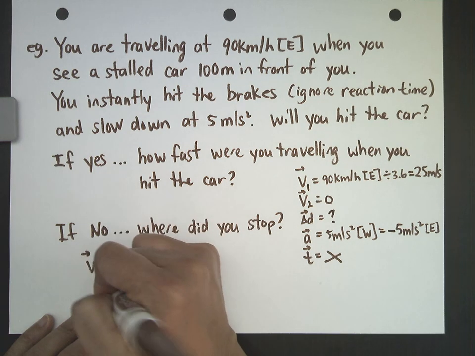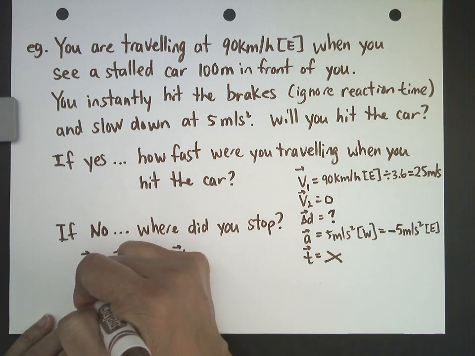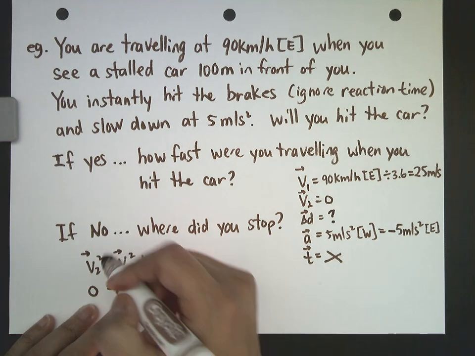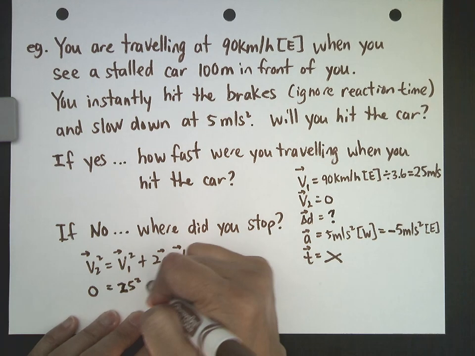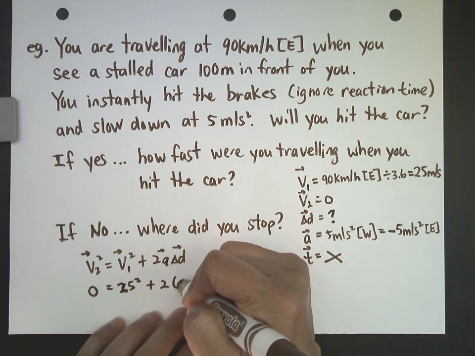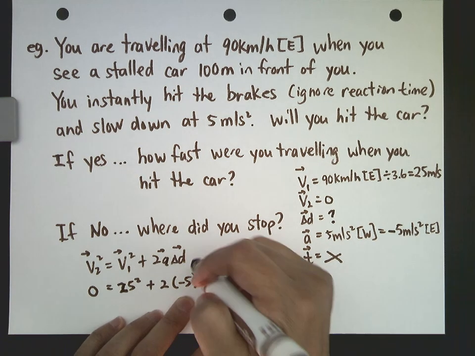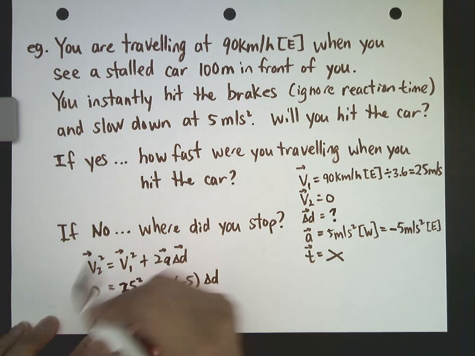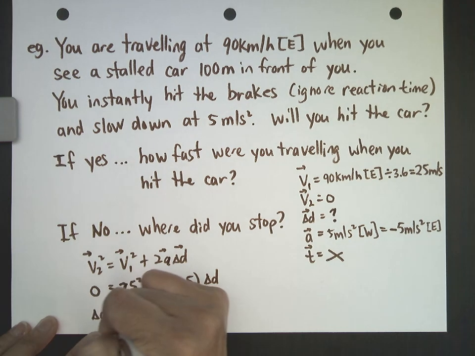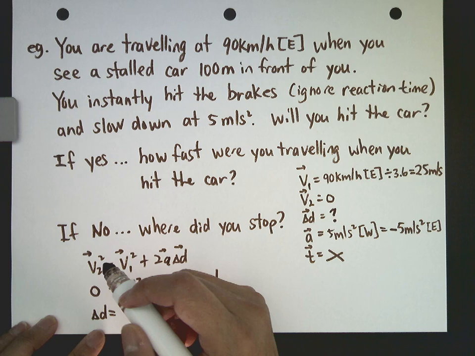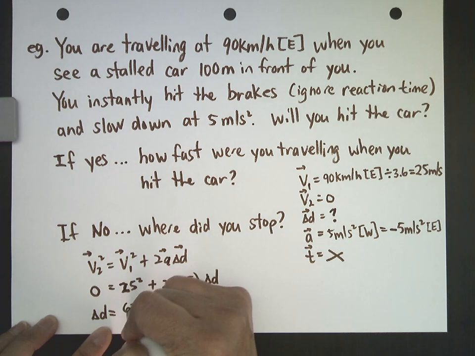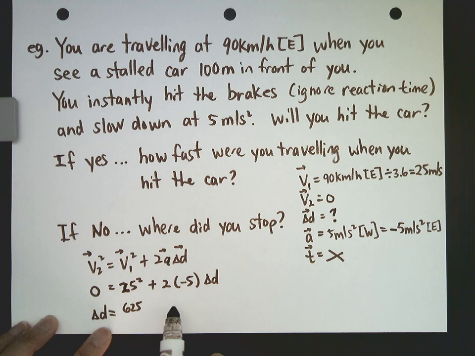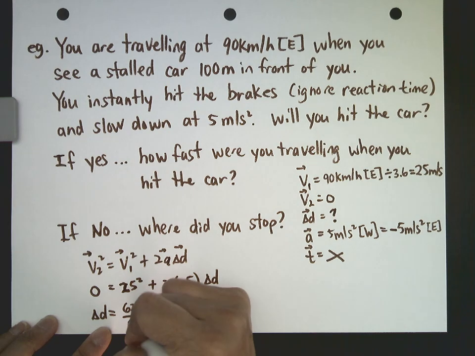All right, let's plug everything in. V2 is going to be 0. This here is going to be 25 squared plus 2 times -5 because we're slowing down, and we're going to solve for d. When you solve for d, hopefully your calculation will be 625, that's 25 squared, by the way, divided by 10.